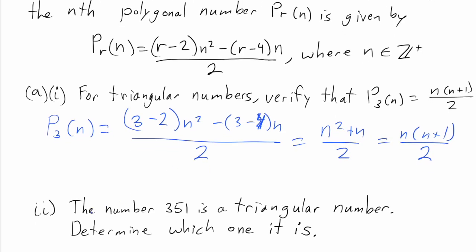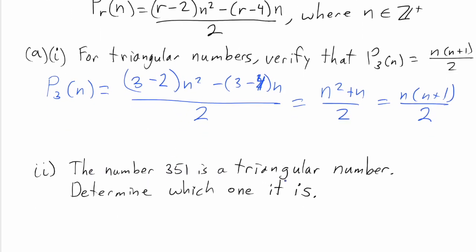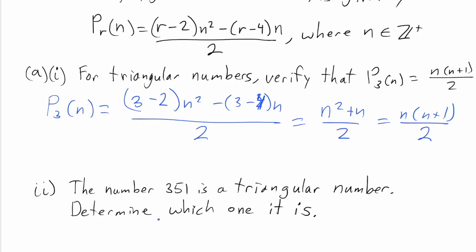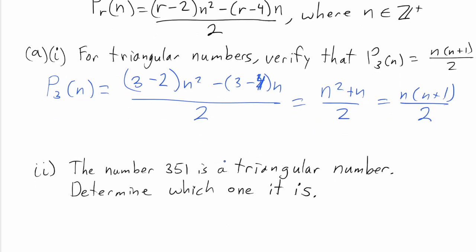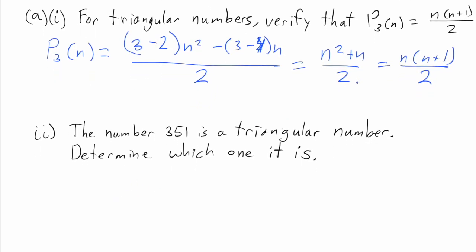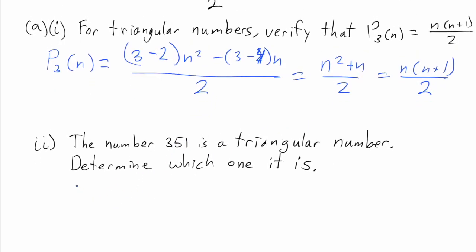Okay, next, the number 351 is a triangular number. Determine which one it is. It's a bit odd wording, but basically find the value of n, the term number. Which triangular number is this one? So you just set that equal to the equation. Now this is a quadratic.